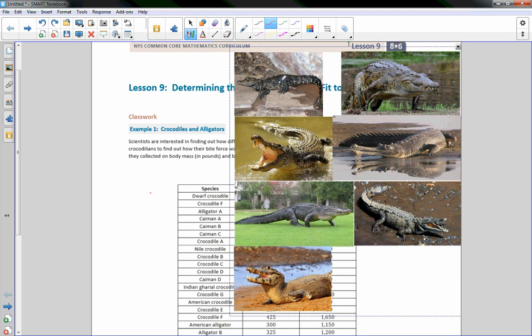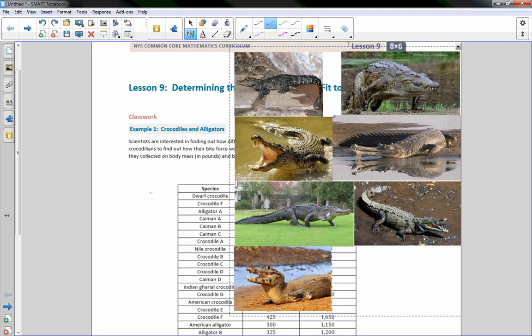So here's a dwarf crocodile. Here's a crocodile. Here's an alligator. Here's a caiman. This here is an Indian gharial crocodile. I lost track, but anyhow, these are all different types of gators, finishing off with the American alligator.